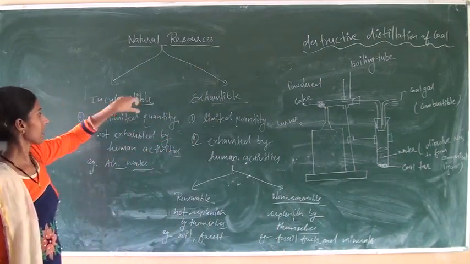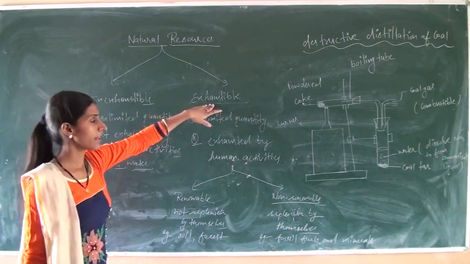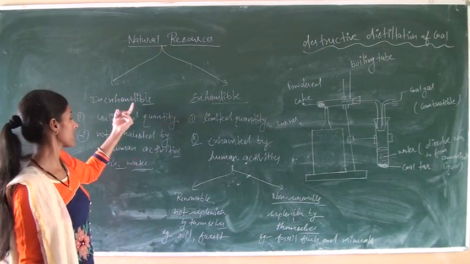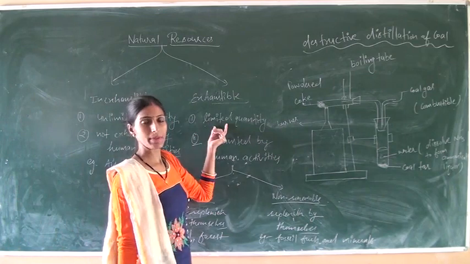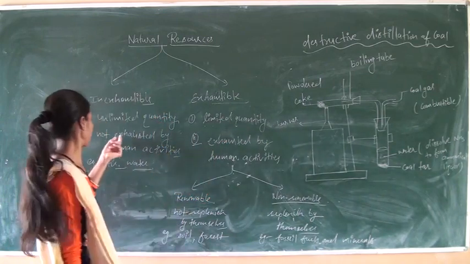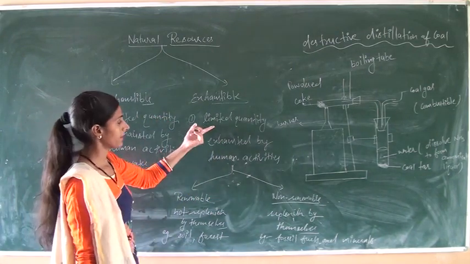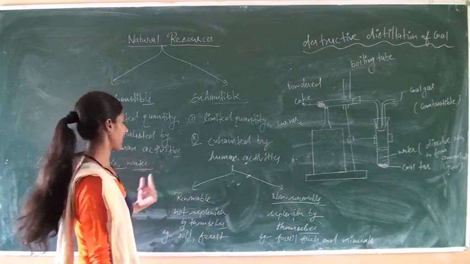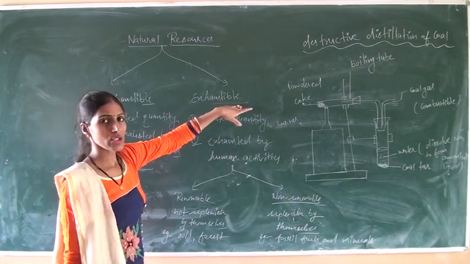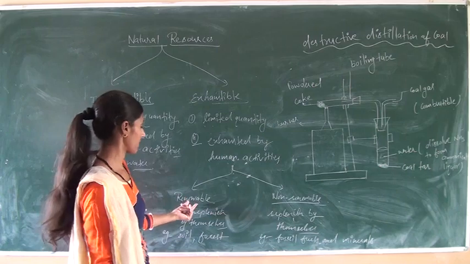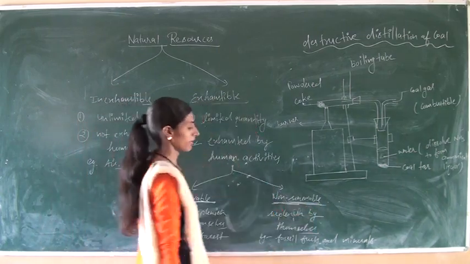Here, natural resources are classified into mainly two categories: inexhaustible natural resources and exhaustible natural resources. Inexhaustible means they are present in unlimited quantity. Exhaustible means they are present in a limited quantity. They are not exhausted by the human activities, but they are exhausted by the human activities, for example air and water. Now further, exhaustible natural resources are classified into renewable natural resources and non-renewable.